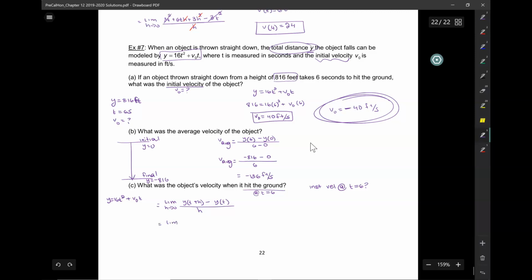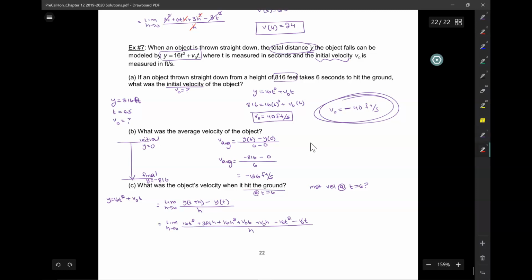Y of t plus h, when you multiply everything out, I did it previously, it's 16t squared plus 32th plus 16h squared plus v naught t plus v naught h minus 16t squared minus v naught t. So that's the whole thing all over h.